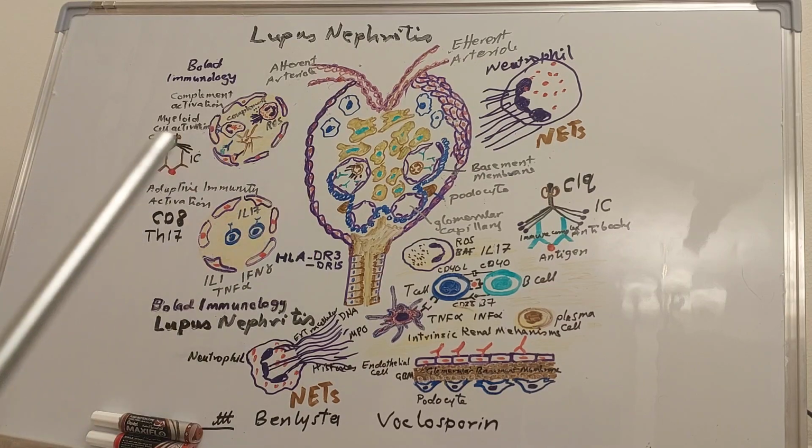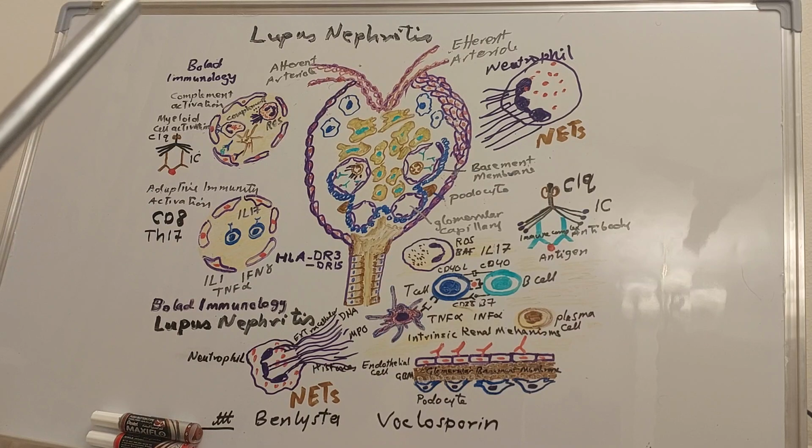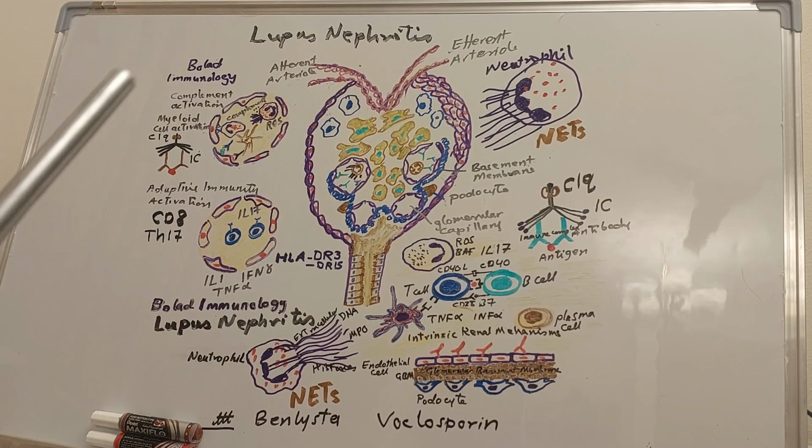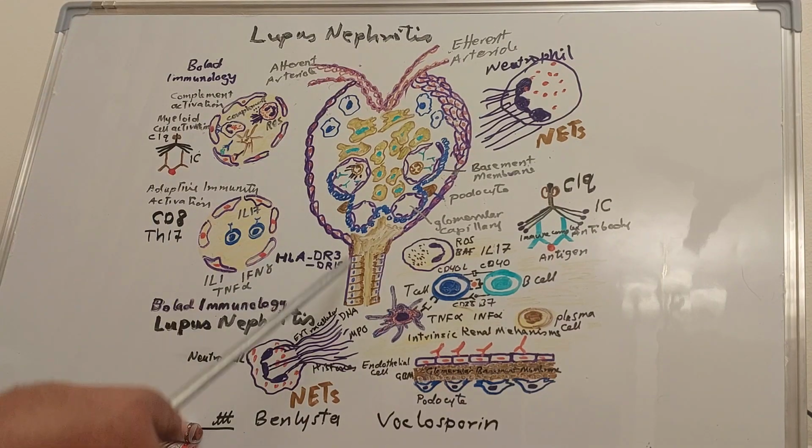As can be shown here, lupus nephritis occurs when the expression of associated genes increases in some individuals. When the expression of these associated genes increases, a patient may get lupus nephritis.